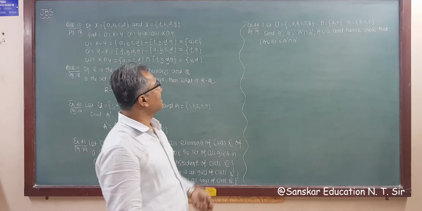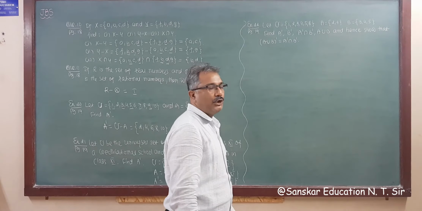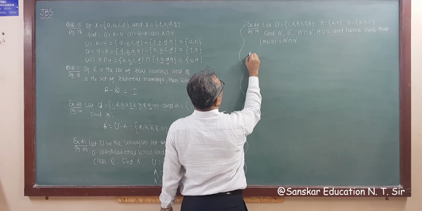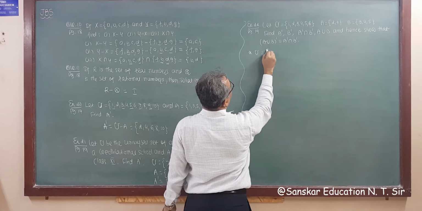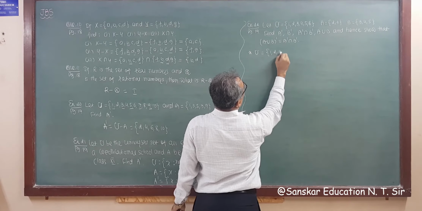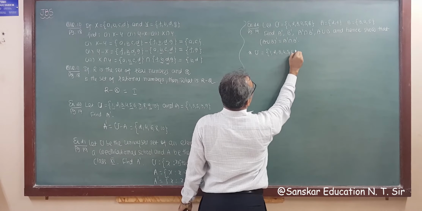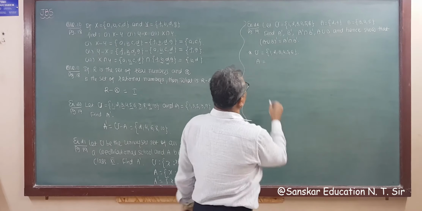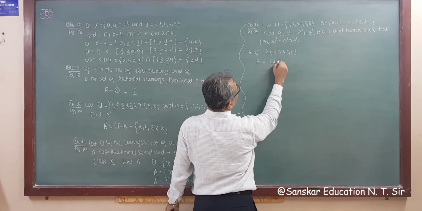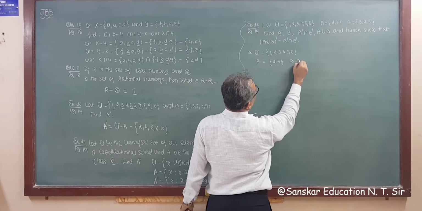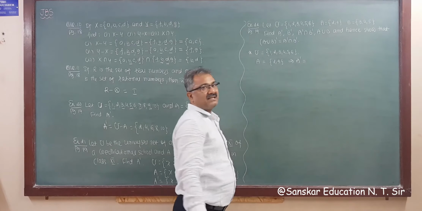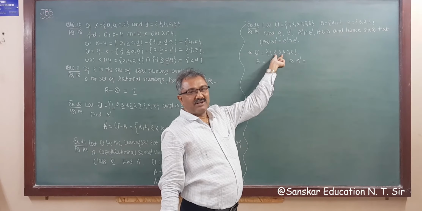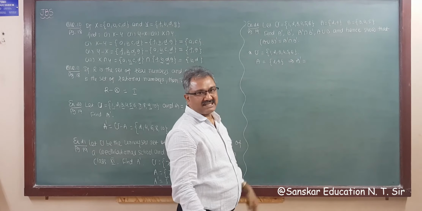Now example number 22. Let U be given as 1, 2, 3, 4, 5, 6. Set A is given as {2, 3}. So this implies A dash means all elements except 2 and 3 from U, that is {1, 4, 5, 6}, right?